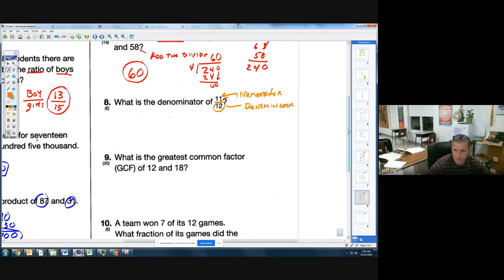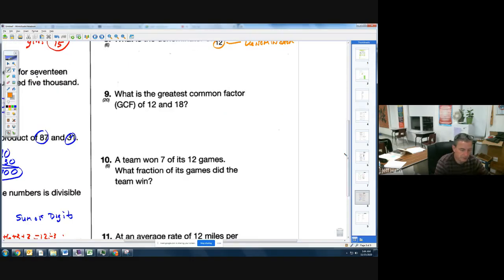Problem number 9, what is the greatest common factor of 12 and 18? Please don't take any shortcuts here. Best approach, find all the factors of each one of these. 12 is 1, 12, 2, 6, and 3, and 4. 18 is 1 and 18, 2 and 9, 3 and 6.